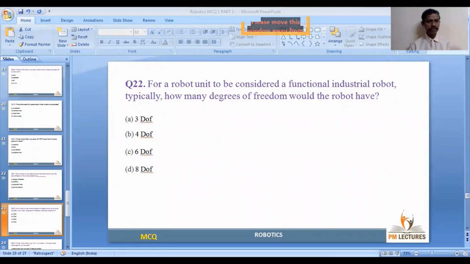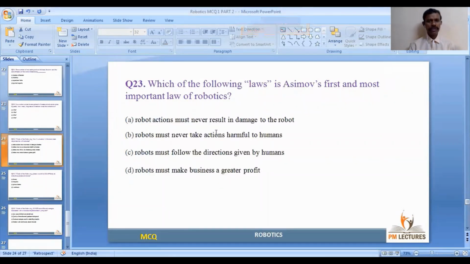Next question, 23rd. Which of the following laws is Asimov's first and most important law of robotics? Option A, robot actions must never result in damage to the robot. Option B, robots must never take actions harmful to humans. Option C, robots must follow the directions given by humans.